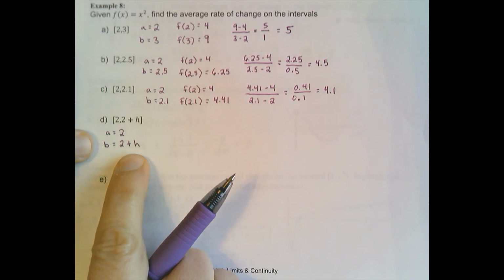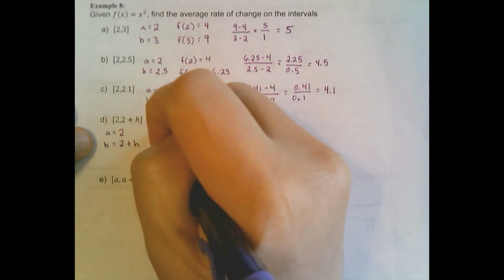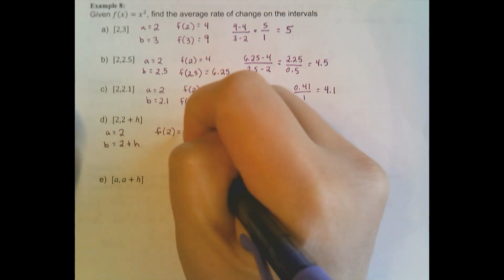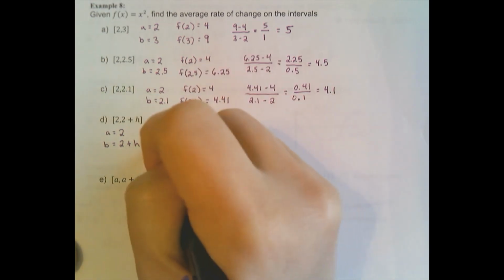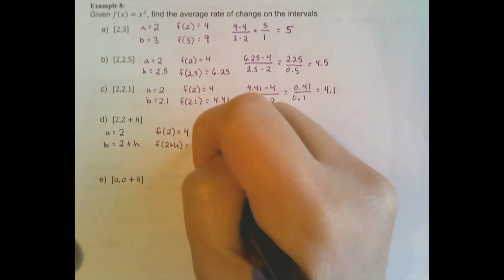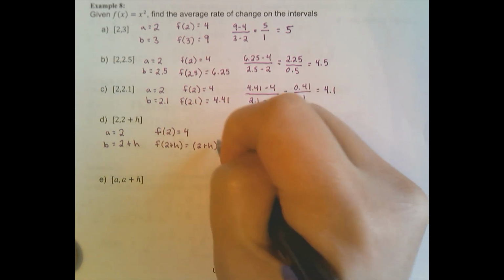And in calculus, what we're going to do is ask the question, what happens as h gets closer and closer to a value of 0? But we're not there yet. We're just going to do the average rate of change. So f of 2 we know is 4. And if we wanted to do what is f of 2 plus h, we'd ask the question, what is 2 plus h squared?